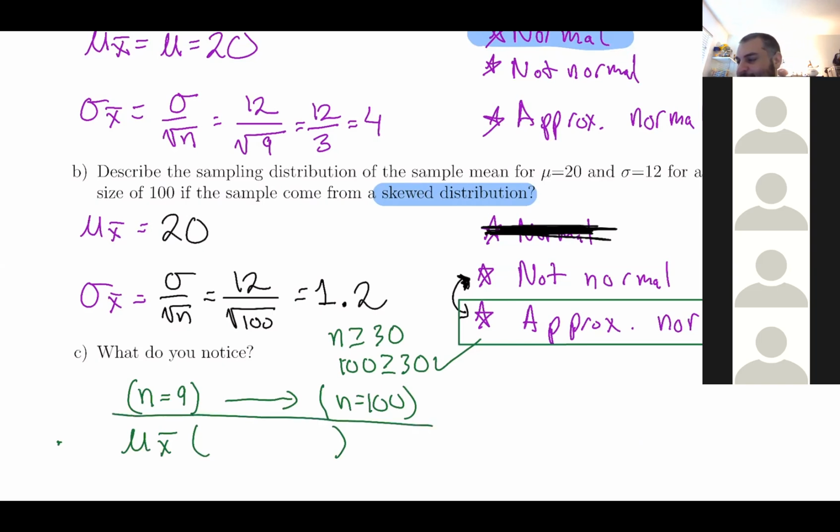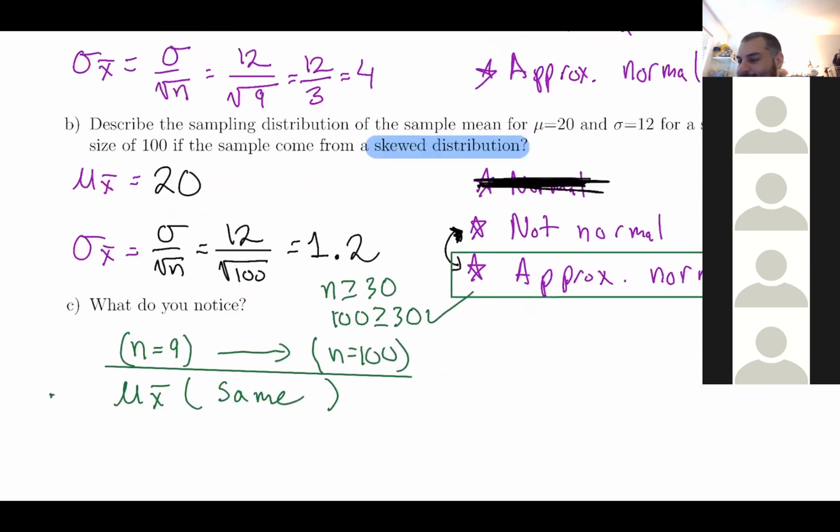You can put the answer in the chat if you want. Well, if you look at A, what was our mu of x bar? 20. For B, what was our mu of x bar? Also 20. So it stayed the same, didn't it? So we'll put same.